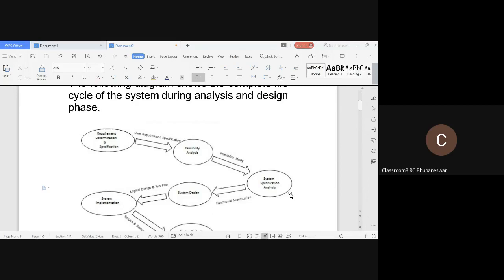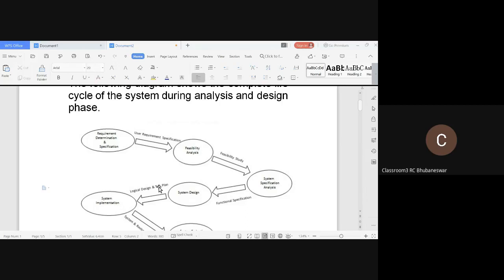Once the system design is completed, then logical design and test plan, then we go for system implementation. Logical design means the logic you are using.